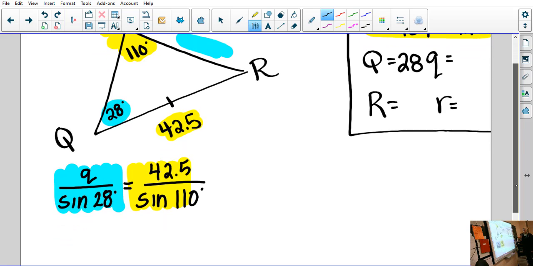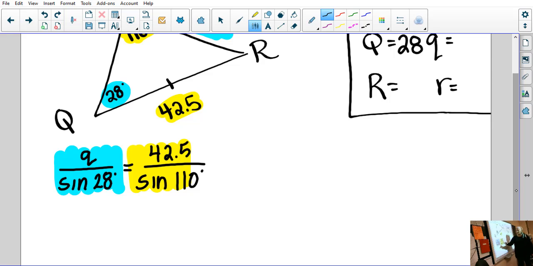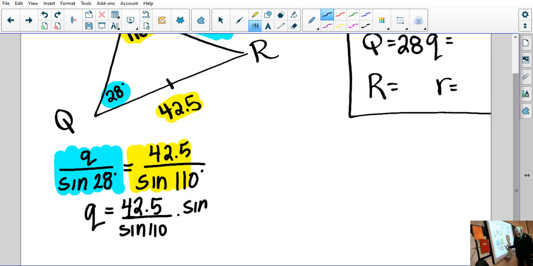Okay, let's solve for Q. So to get Q all by itself, I'm going to bring that over to the other side and it becomes multiplying. So just be careful here, like on my calculator, I have to close that bracket. Some of your calculators are not like that, but I know a lot of them are.